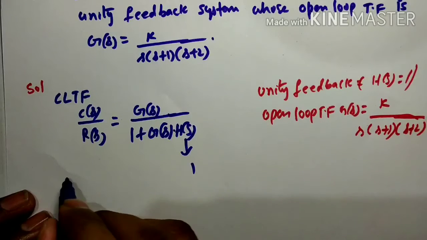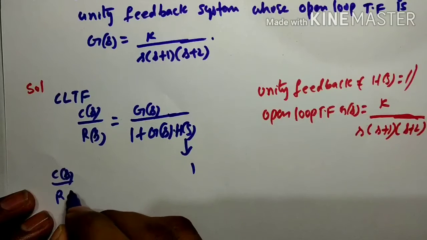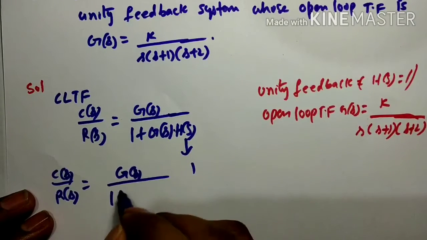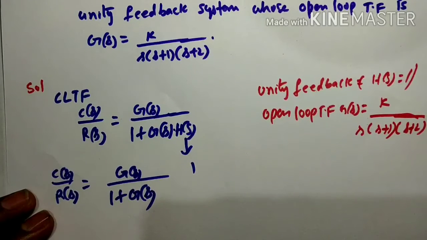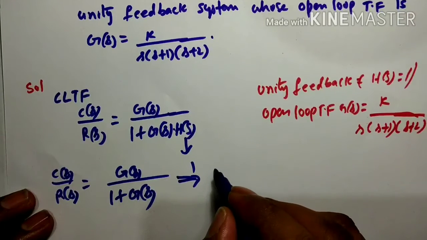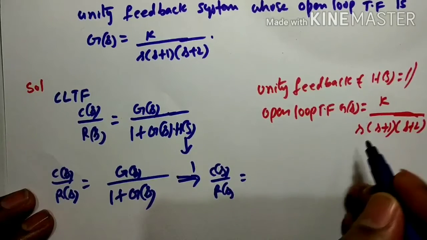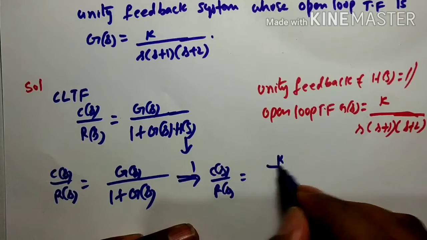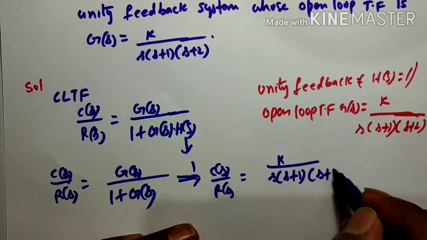So finally C of s by R of s is equal to G of s by 1 plus G of s. You have to substitute G of s, which is K by s into s plus 1 into s plus 2.